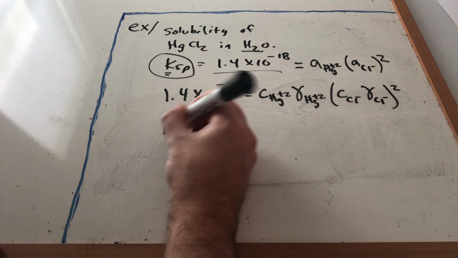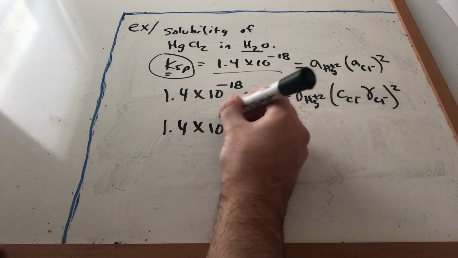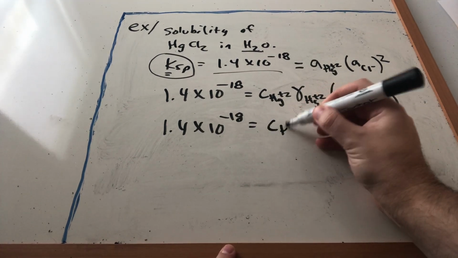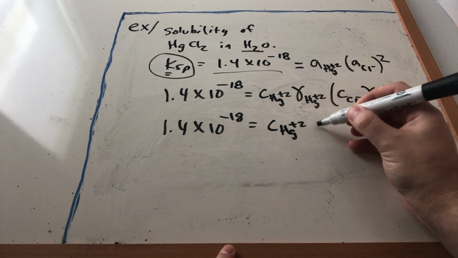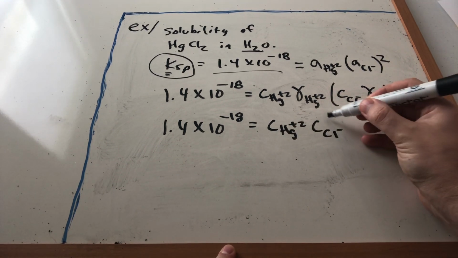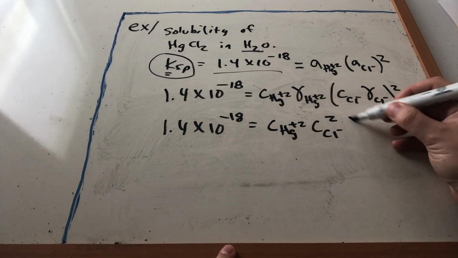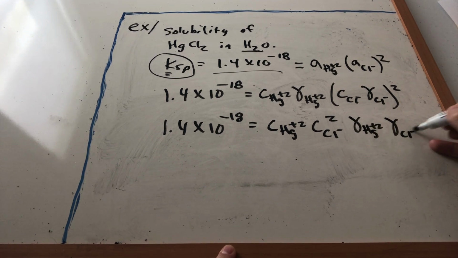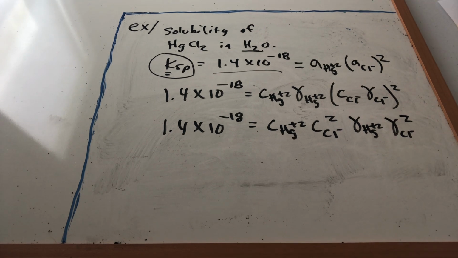So this looks like 1.4 times 10 to the minus 18 equals the concentration of Hg2+, the concentration of Cl- squared, gamma of Hg2+, gamma for Cl- squared.